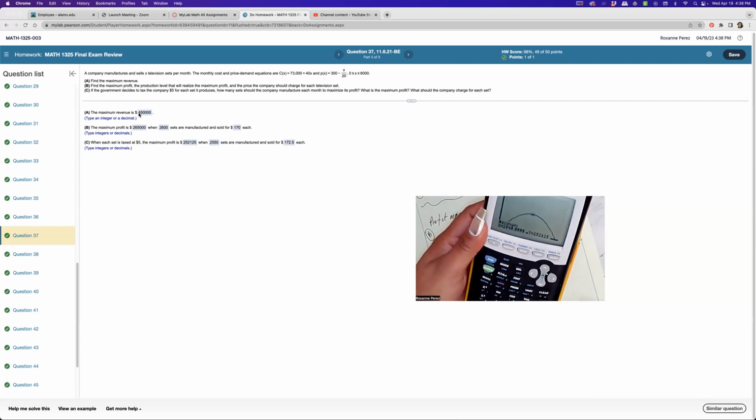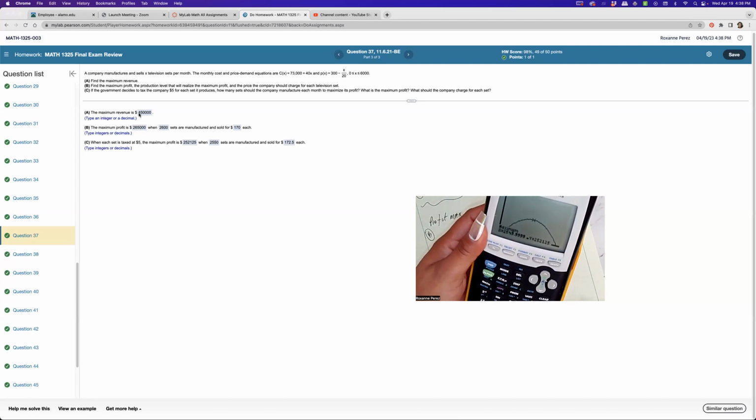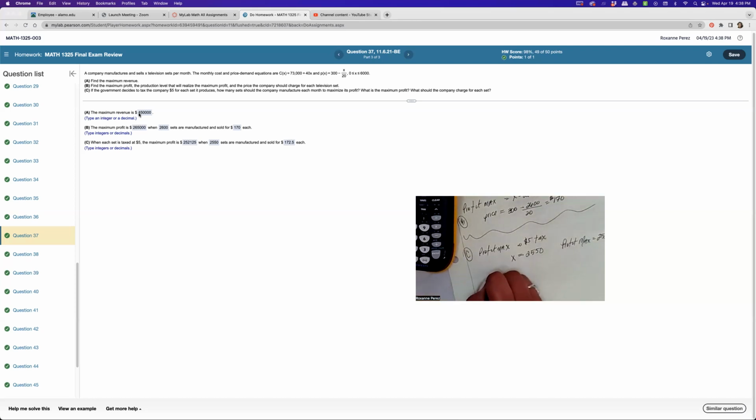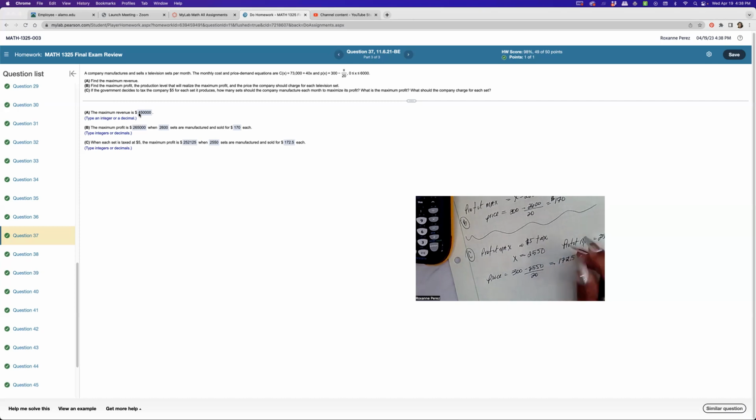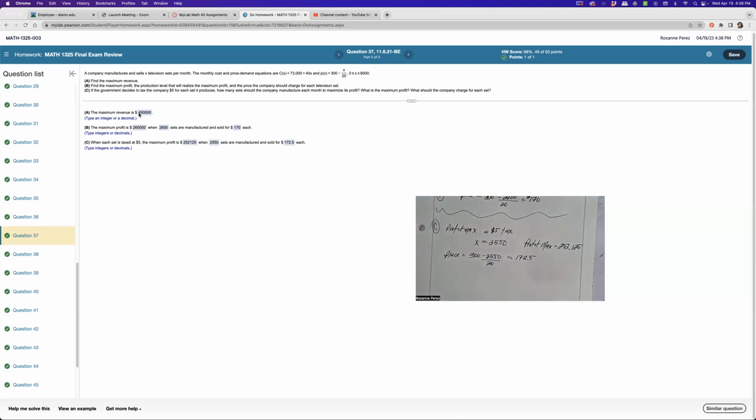You can see that on your X and your Y. Okay, so now you just need to find out the price at this volume of units. So again, 300 minus 2,550 over 20 equals 172.5.